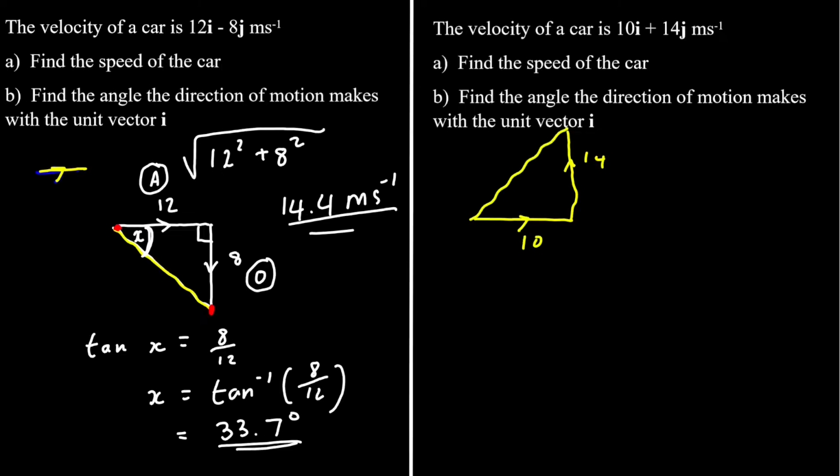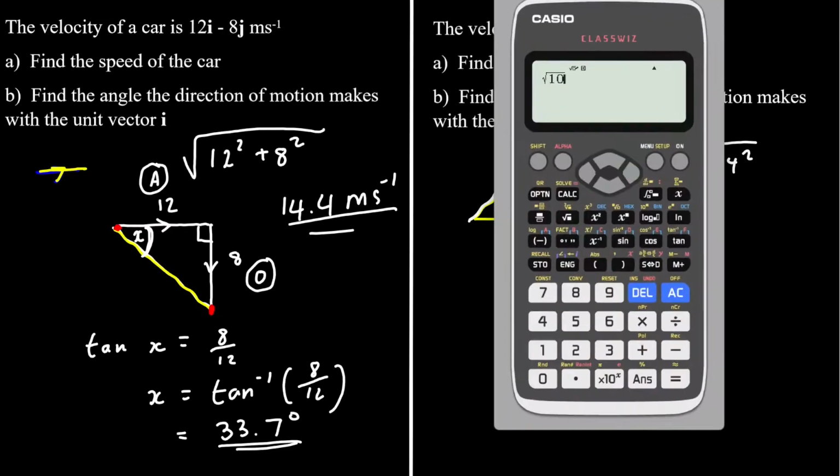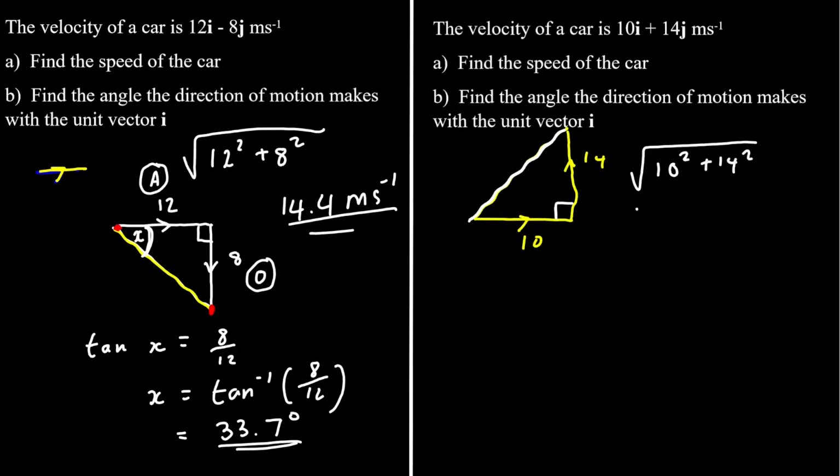So we use Pythagoras to work out the hypotenuse. So it's going to be the square root of 10 squared plus 14 squared. That will be the speed. And we get 17.2. So 17.2 meters per second is the speed.